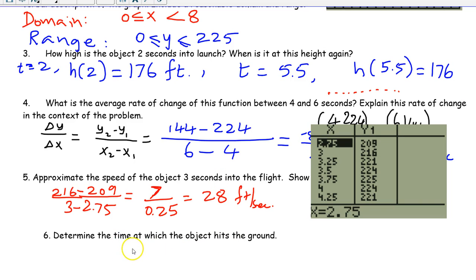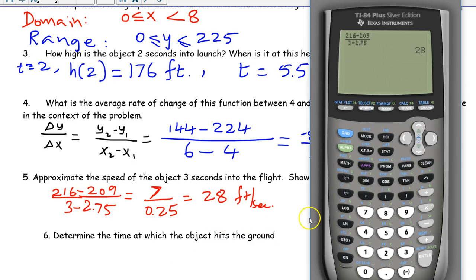Now the last one, determine the time at which the object hits the ground. So at what time the value of y becomes 0, that you have to find, and here this is also an approximation. Go to the table and let us see, it is going down 176, 144, 81.